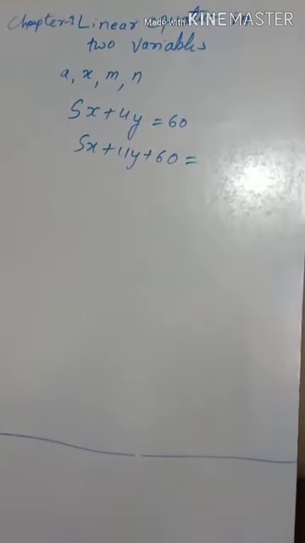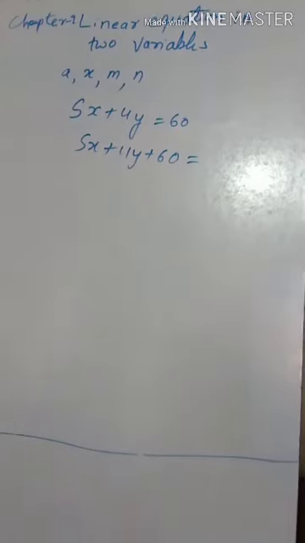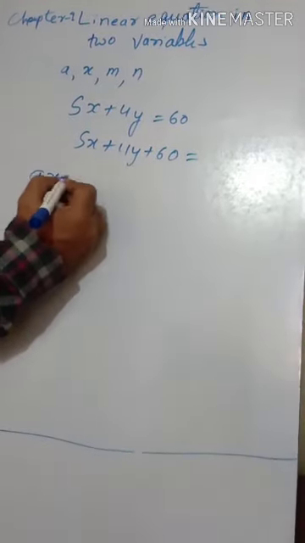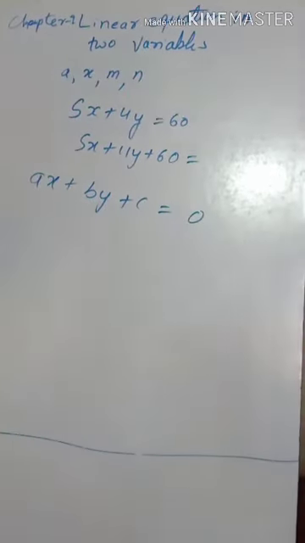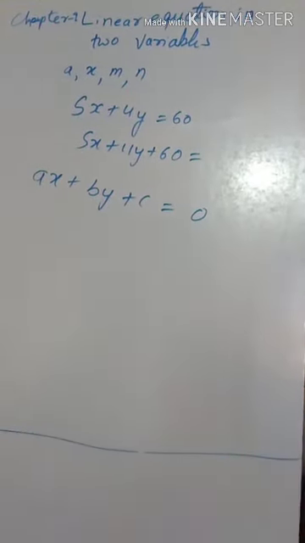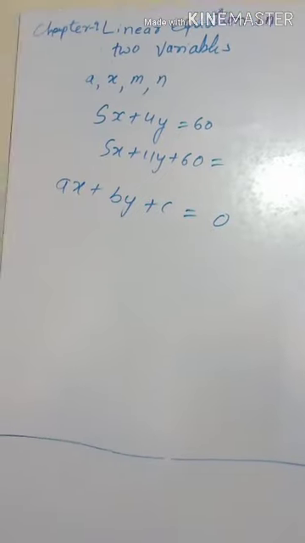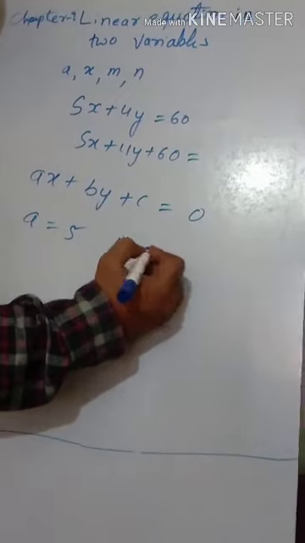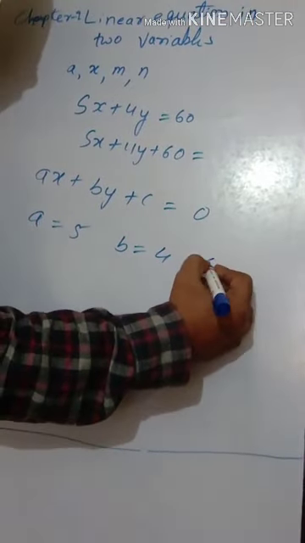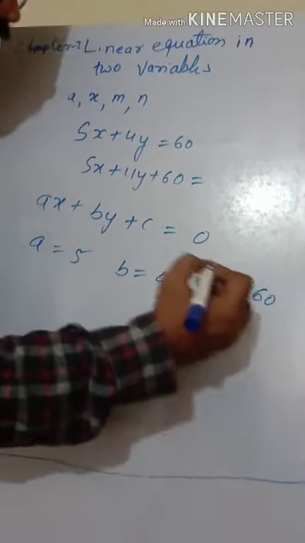The general form of a linear equation in two variables is ax plus by plus c is equal to 0, where a is equal to 5, b is equal to 4 and c is equal to 60.